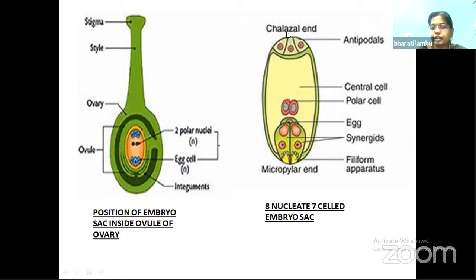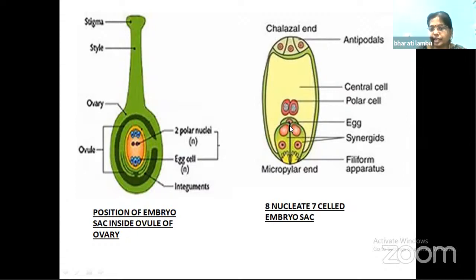At one end, it is the chalaza. At the other end, it is the micropylar end. The micropylar end will have the micropyle. It is the opening where the integuments are absent in the ovule. At the micropylar end, the egg apparatus is present. This egg apparatus contains laterally placed synergids and a centrally placed egg.